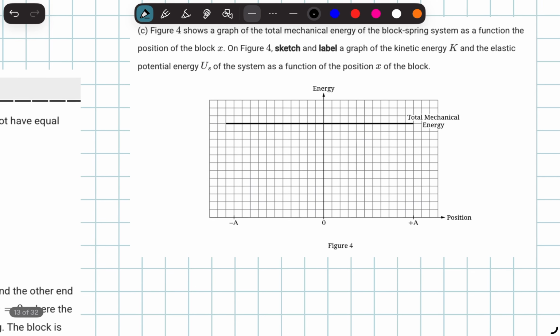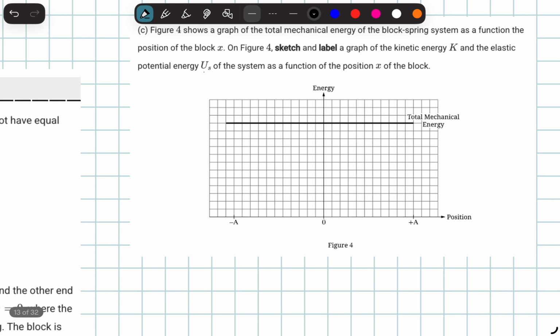So we know that we can write elastic potential energy U_S of x as equal to 1/2 kx squared. So this is going to be a parabola opening up.